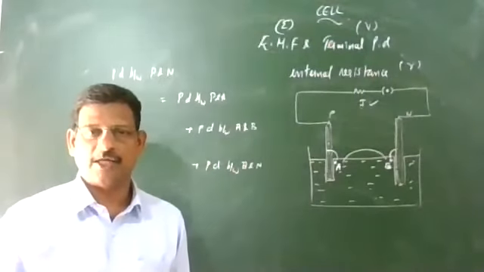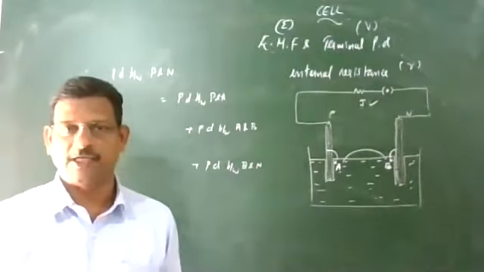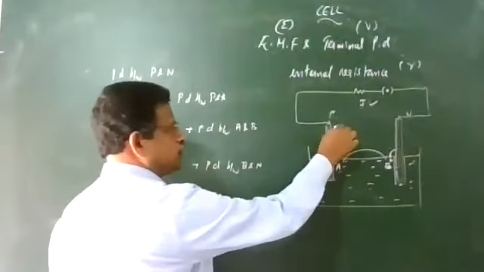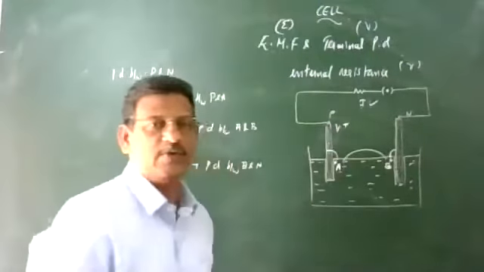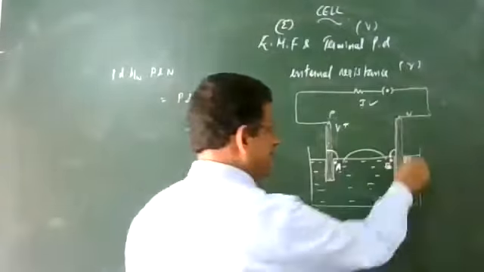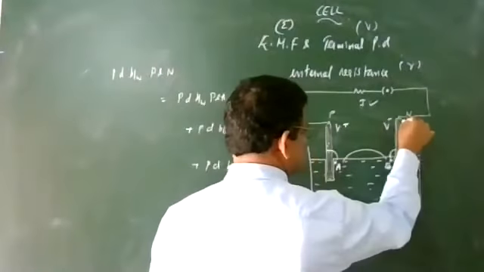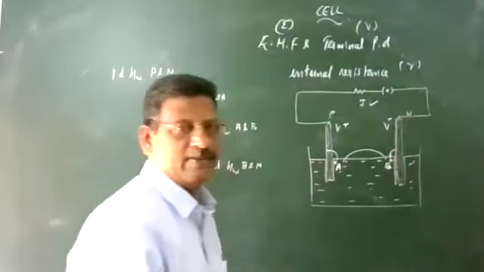B is the electrolyte point which is very close to the negative electrode. Suppose the potential of the positive electrode with respect to A is V plus, and the potential difference of the negative electrode with respect to the point B is V minus.